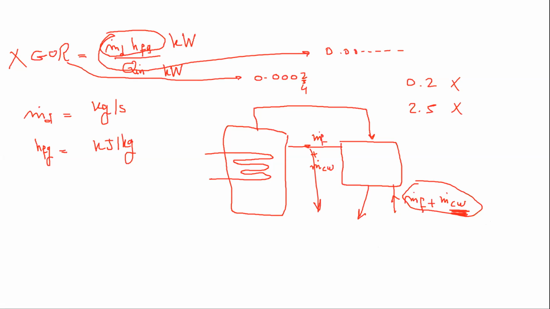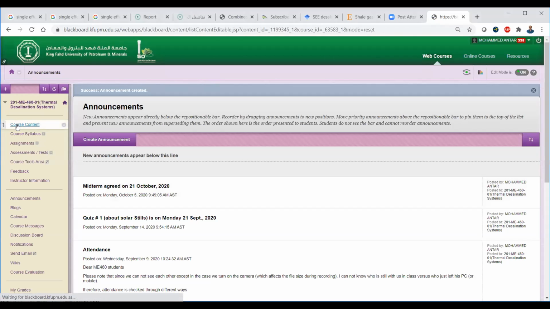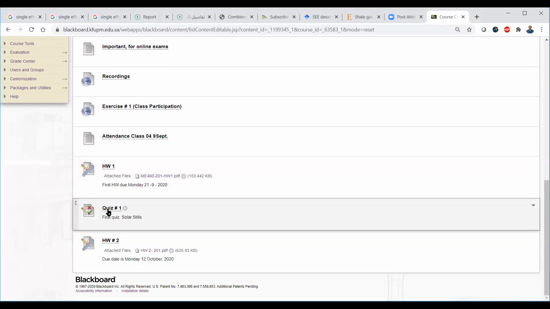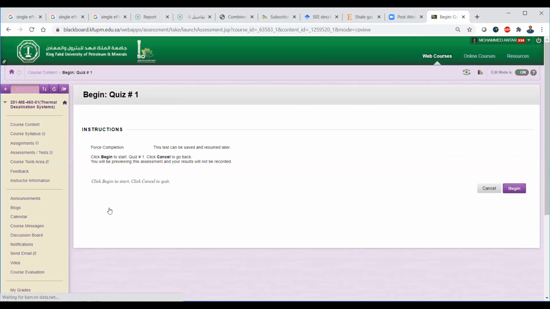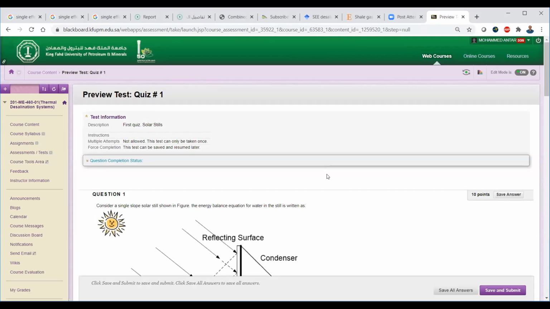When you enter the Blackboard itself, on the first page of the Blackboard, I'm sharing Blackboard here. In the student view, when you come to this page and click on the quiz, it should show you your quiz. Wait a minute. When I click it here, it tells me to start, as if I did not solve it on the Blackboard.